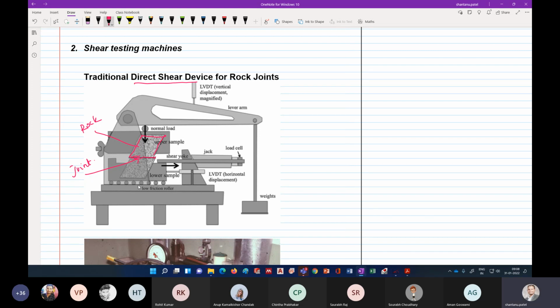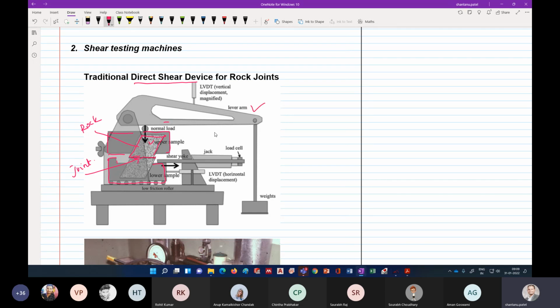So what it does, I think it is difficult to imagine the three-dimensional picture. But what it does is it is confined within this bottom holder here and the top holder here. So the top part of the rock goes here and the bottom part goes here, so that the joint is touching each other, right? And then there is some kind of lever arrangement here.